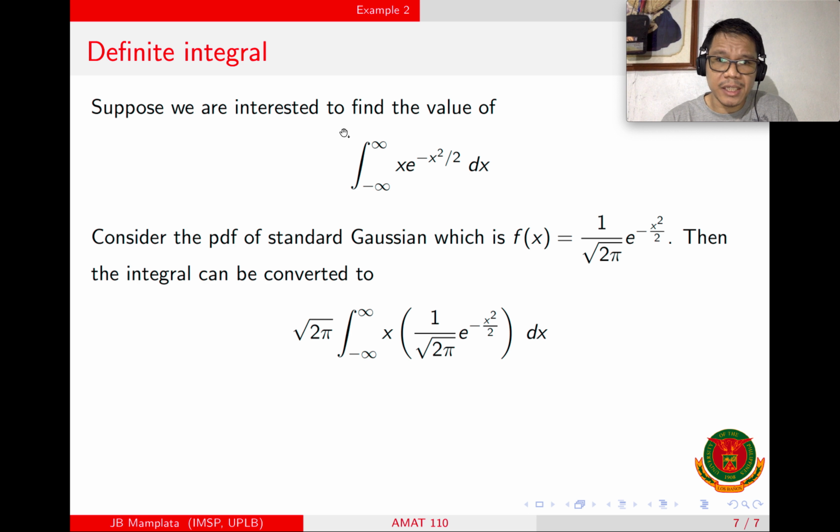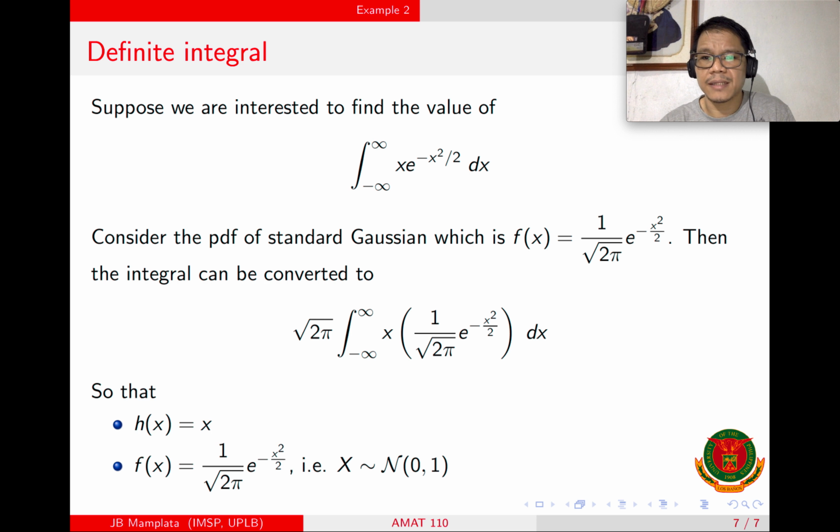Okay, so from here, our h of x is x. Our f of x is the one inside the parentheses, which is indeed the PDF of the standard Gaussian. Alright? So if our PDF is the standard Gaussian or standard normal, then we know that it is normally distributed with mean 0 and variance 1.